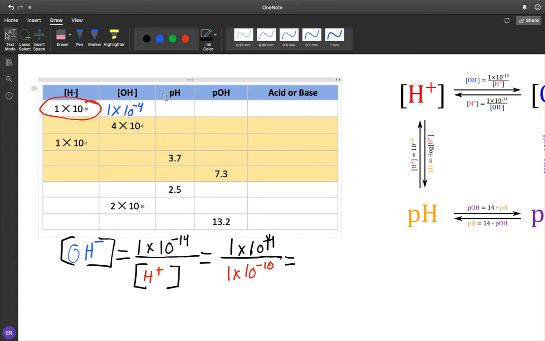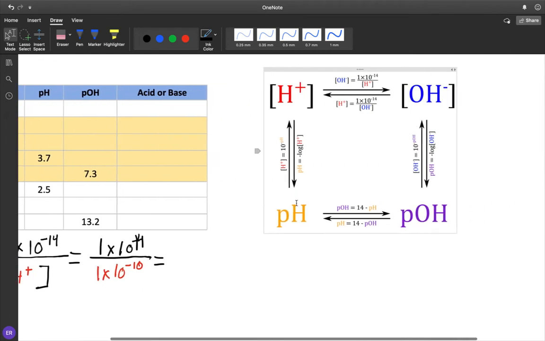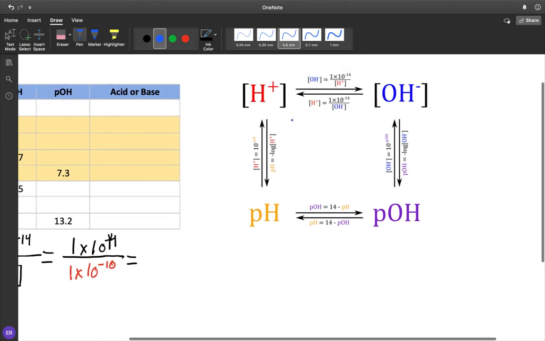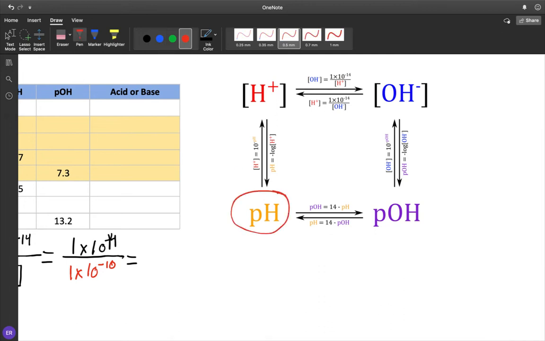Okay, so now let's find pH and pOH. So pH, if we find it on our graph over here, we see it right here. In order to get to pH, we need to use the concentration of H plus. So let's look at the arrow that is going from H plus to pH, and right here is going to be our equation.